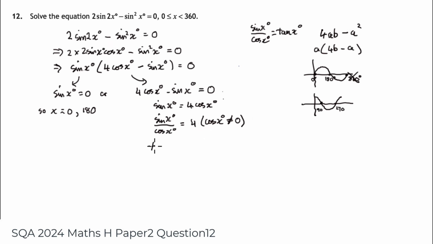So at this stage we can say that tan x is equal to 4, a positive value. And if you remember your quadrant diagram, CAST, which quadrant is x in for the tangent to be positive? Well, that's the first quadrant and the third quadrant. So first and third quadrants. So what is the angle whose tan is 4?